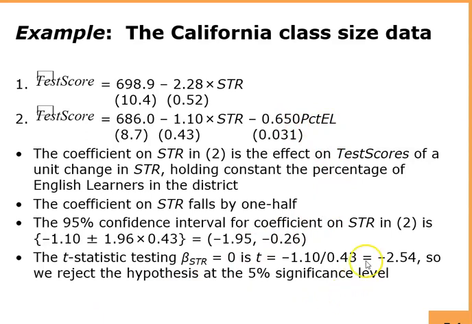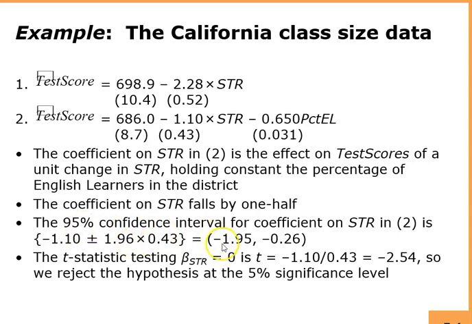So given this change in the coefficient for student-teacher ratio, we can calculate the confidence interval for this new coefficient, just like we would do in the first equation. We plug in our coefficient, plus minus 1.96 multiplied by the standard error, which is also shown under the coefficient in parentheses.